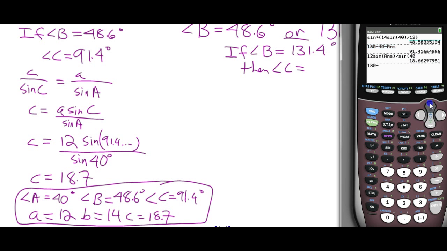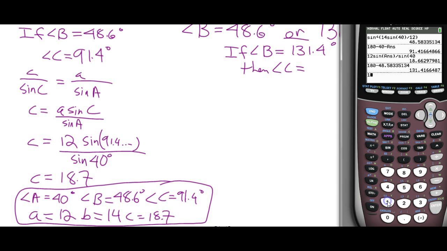Depending on the calculator you're using, you may be able to scroll up and get that. If not, you can always use second function enter, bring this calculation back down, recalculate it, and then go 180 minus it, because that's the other angle. So we're saying 131.4, but we are going to use this whole thing here.